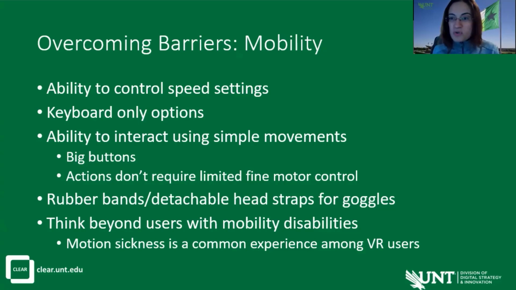For example, with Google Cardboard, they sell online some head straps or rubber bands, and they can go a long way, because the person, maybe with the help of somebody, can put these on and they don't have to use their hands if they can't physically use their hands to live the experience. So some workarounds, maybe not all of them, but some of them, can be really affordable and common to find.